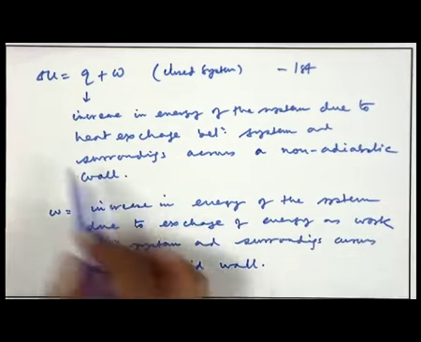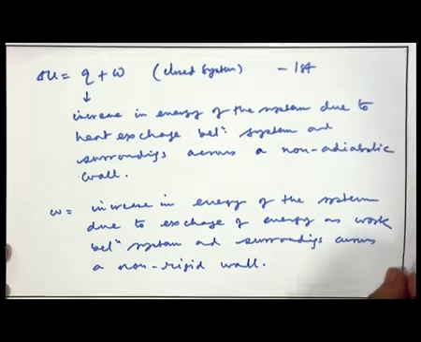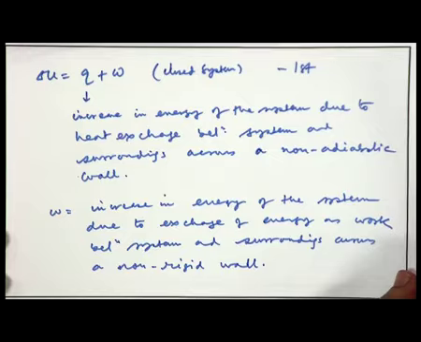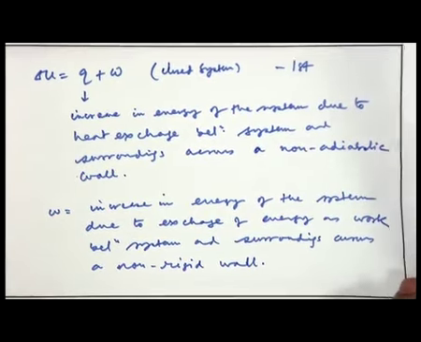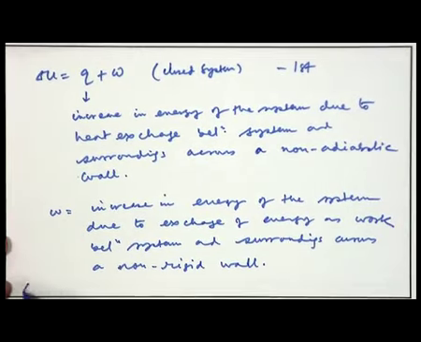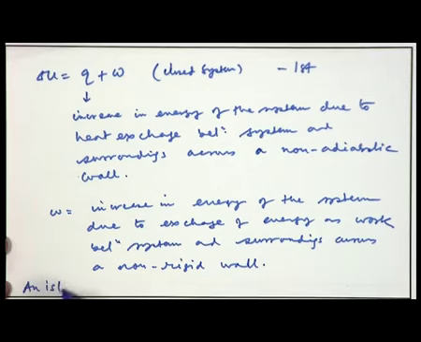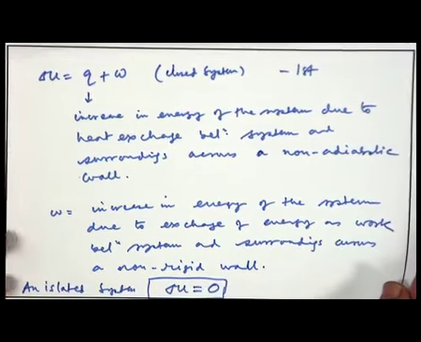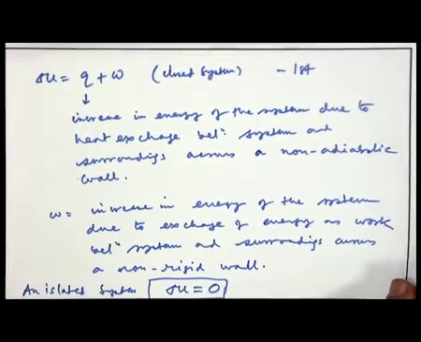Obviously, for an isolated system, both Q and W are 0. So, for an isolated system, del U is 0. Here we do not need to mention closed system, because all isolated systems are indeed closed systems.